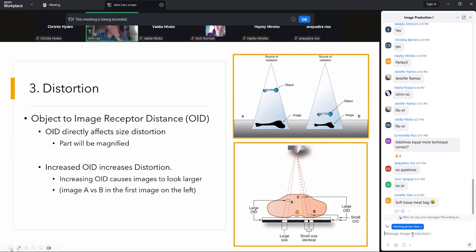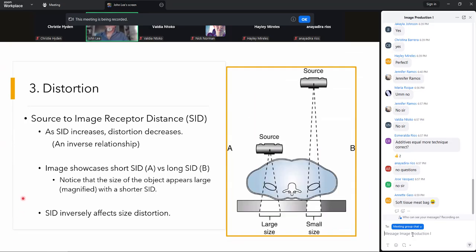Okay, so real quick now, we've got size distortion and shape distortion. There's only one type of size distortion, and that's magnification. Another thing that will affect magnification is our SID.